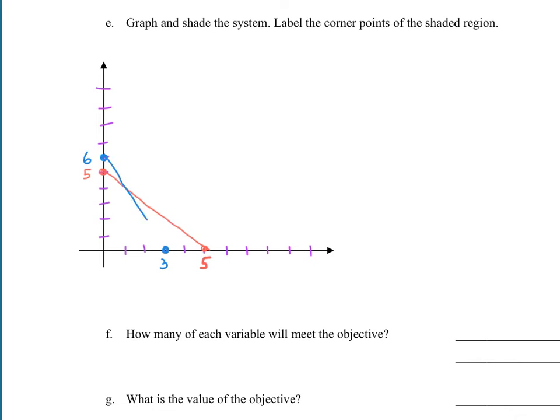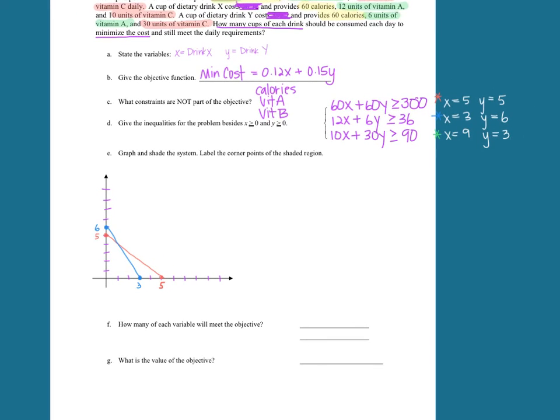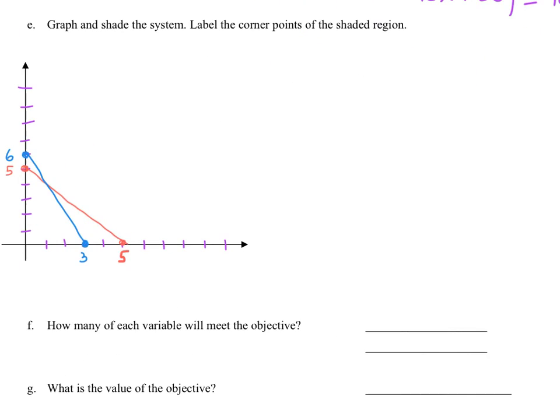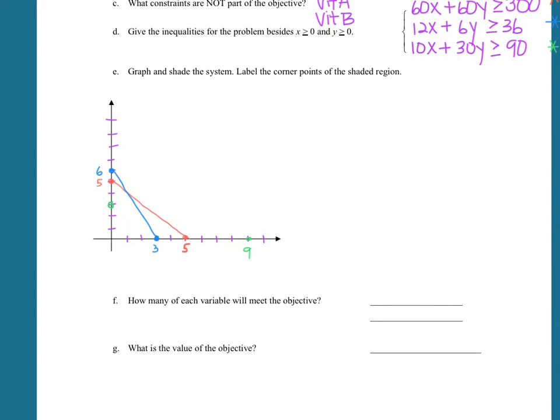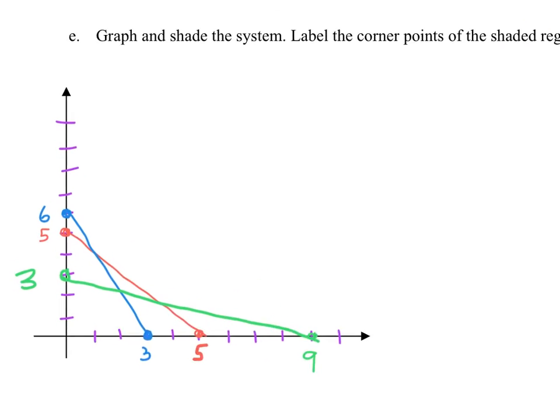Those two will intersect each other, and I'll be shading above that line. And then finally green, X is 9, okay, that's all the way out here, and Y is 3. Okay, so connecting that. Now I need to shade my region within quadrant 1, but above all of those lines.